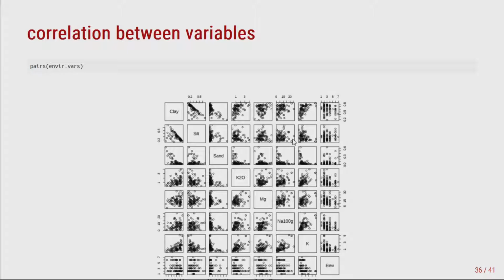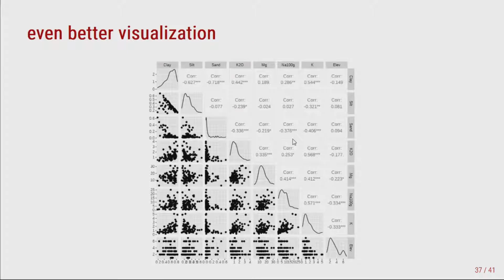Silt and clay would be the mirror of this, the same thing as this. And we can check any relationships that we want, like silt and magnesium. It is not really correlated. This is a good way to get an overview of correlation between several variables.